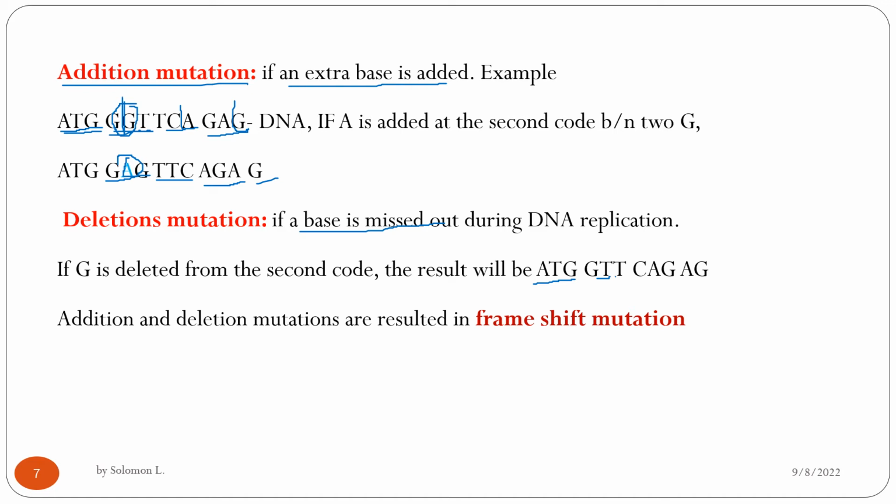The third codon or code will be shifted to the second. So there is still a frame shift. Therefore, addition mutation and deletion mutations are also known as frame shift mutations.